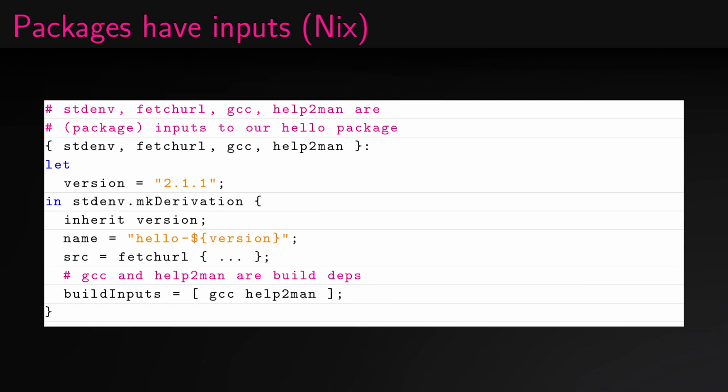Yes, and here I did omit the fetch URL, the expansion of the fetch URL, which is just two attributes. It's the URL of the source and the SHA-256. No, great question, thank you.